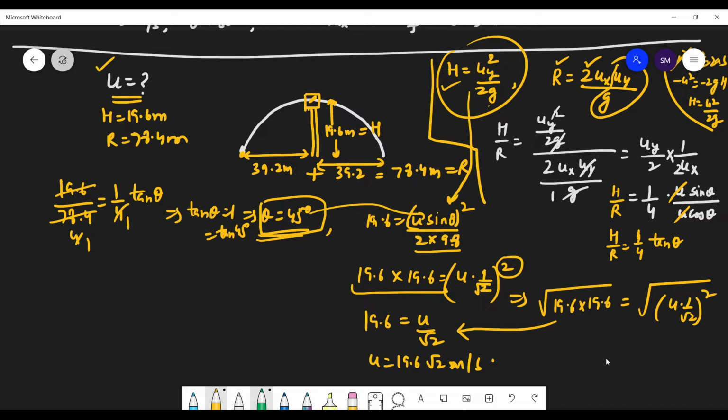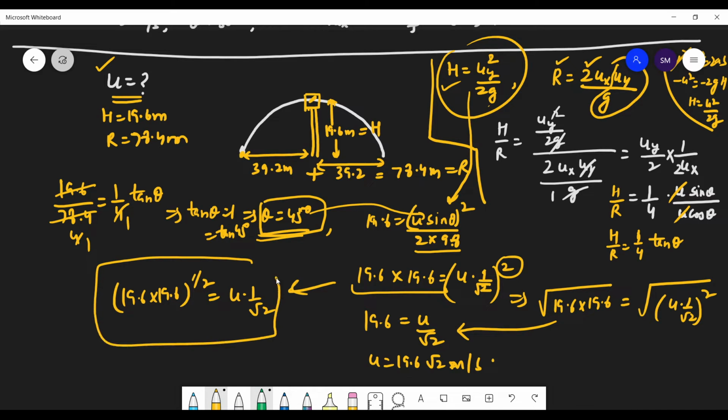Right. या आप ऐसा समझ लो कि 19.6 into 19.6 raised to the power 1/2 u. ये पावर इधर आके आ जाती है 1/2. ओके, यहाँ से भी है. Okay, that's the same thing.